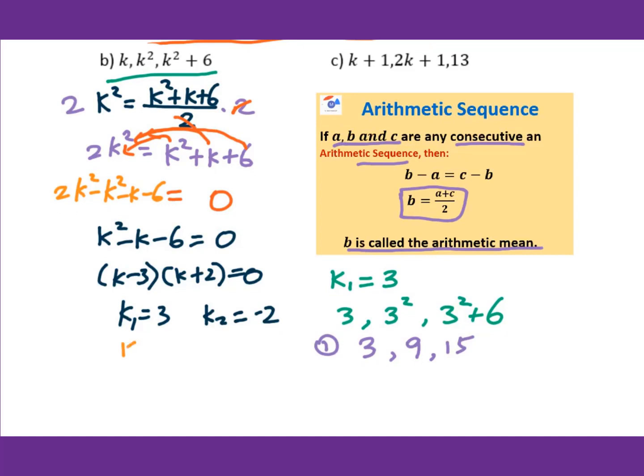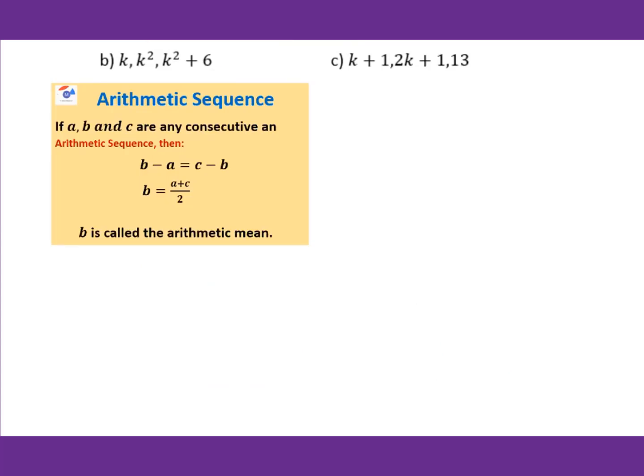For the second sequence, we will get -2, -2 squared, then -2 squared plus 6. Therefore, the second sequence will be -2, 4, and 10. Now look at the C.